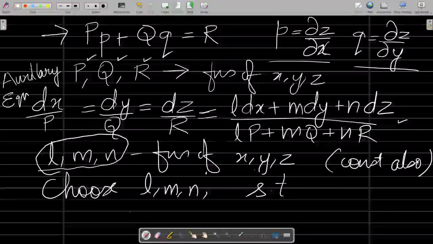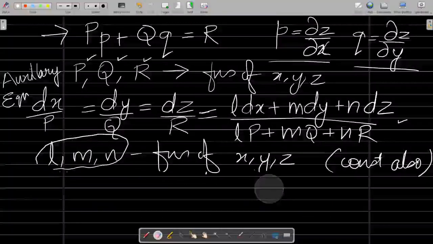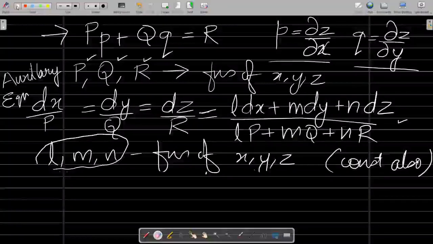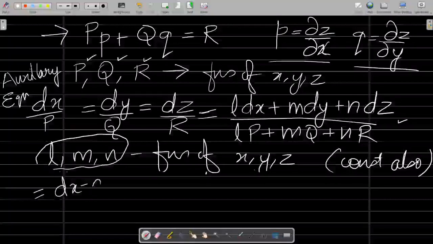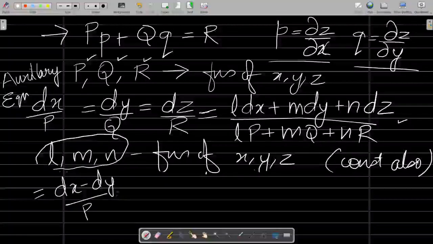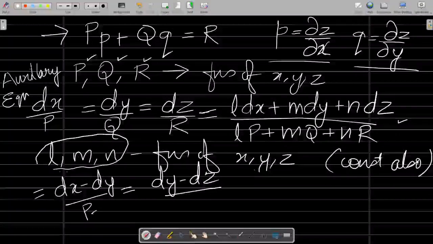That is, (l dx plus m dy plus n dz)/(lP plus mQ plus nR) is equal to all of these relations. To be more specific, suppose I choose l, m, n to be 1, minus 1, 0, then all of these relations are equal to (dx minus dy)/(P minus Q). If I choose l, m, n to be 0, 1, minus 1, then this is equal to (dy minus dz)/(Q minus R).